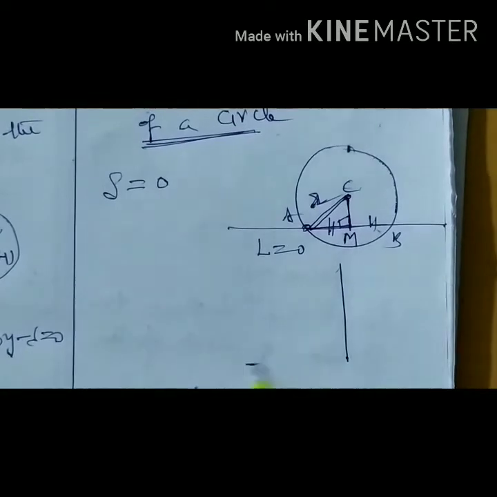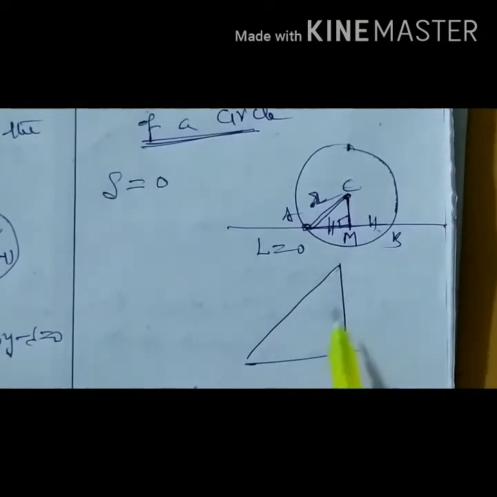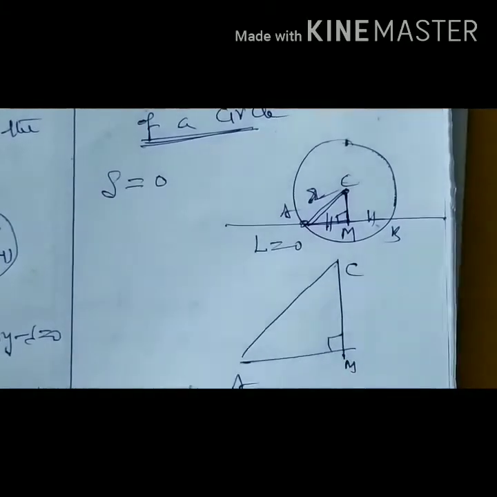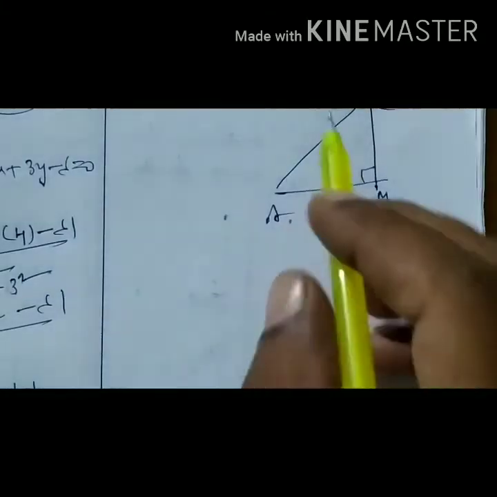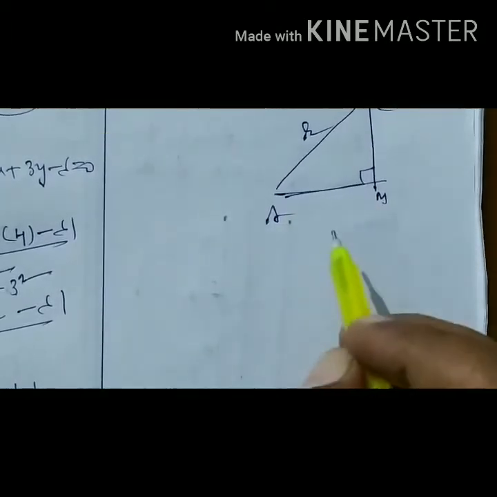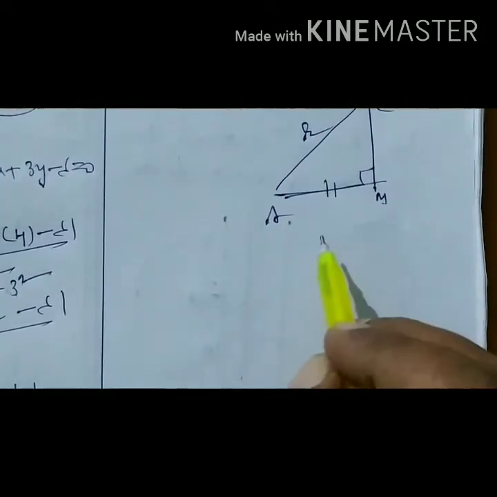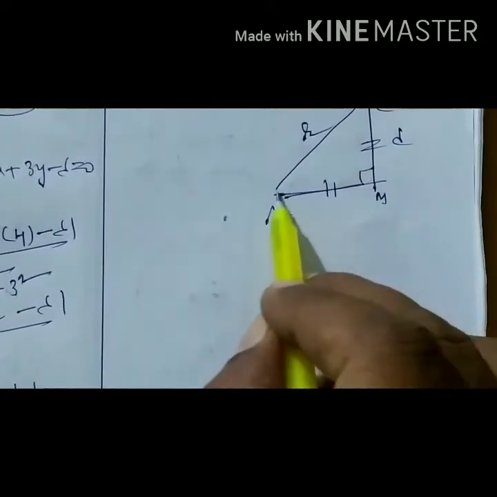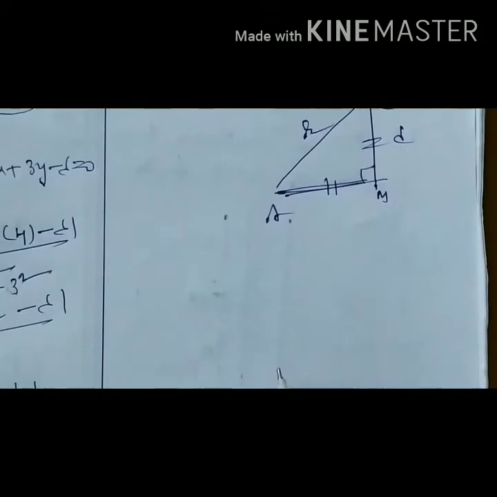In that right angle triangle CAM, AC is the radius, AM is half of the chord, and CM is the perpendicular distance. We need to find out the length of the chord.